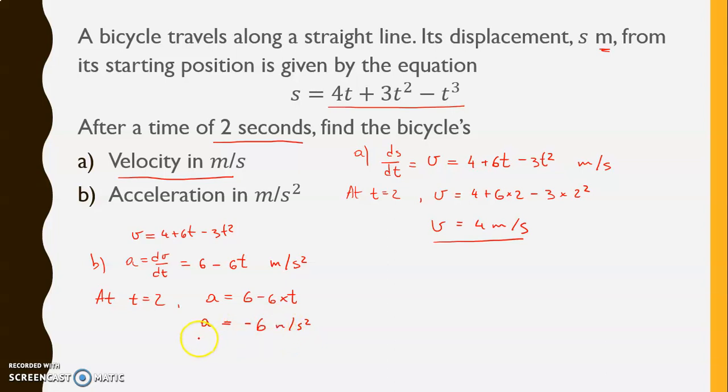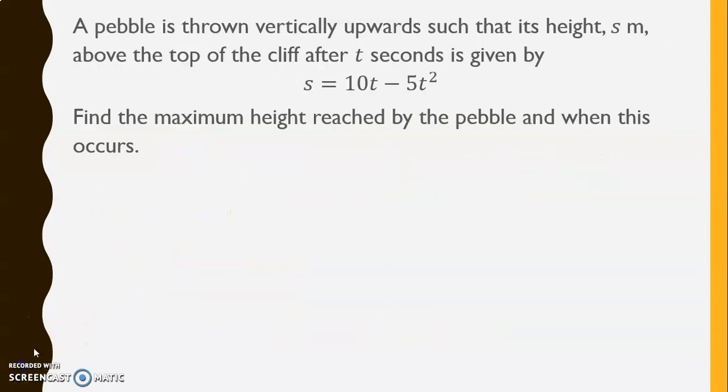Yes, we can, because we are talking about acceleration, and acceleration is a vector. So the minus there is showing that this bicycle is actually slowing down. So let's write this down. And this is how we can find the velocity and the acceleration at a given time using differentiation.